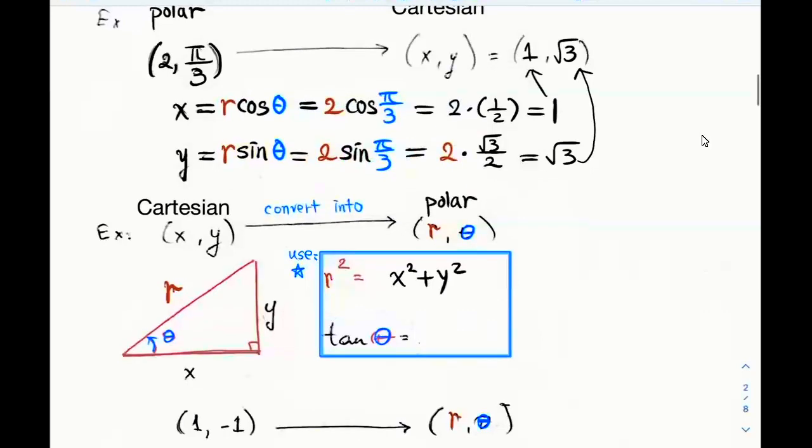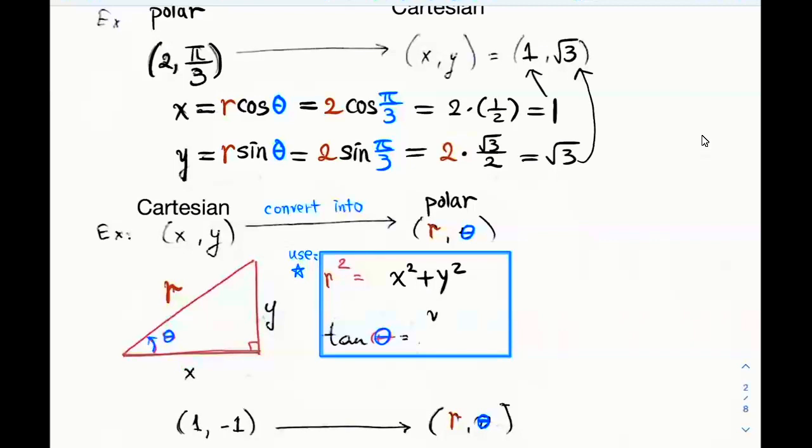And then you can also think about the theta. Because we know the y and the x, this is the opposite and this is the adjacent. So what's tangent of theta? Y over x, yes.